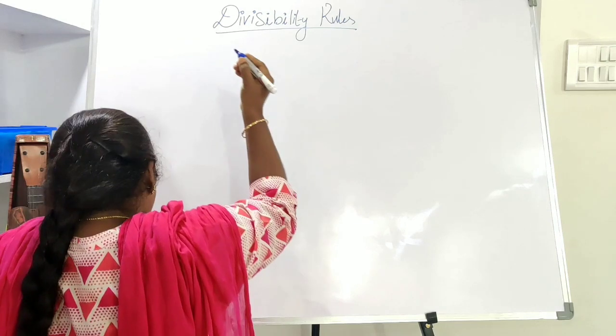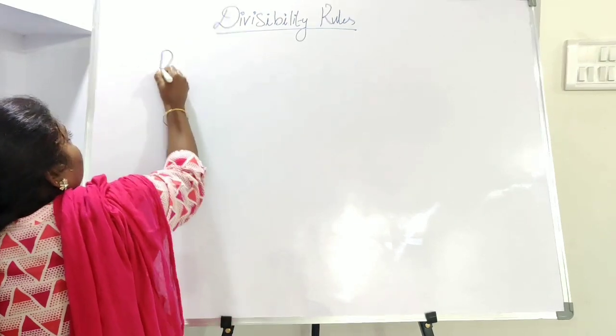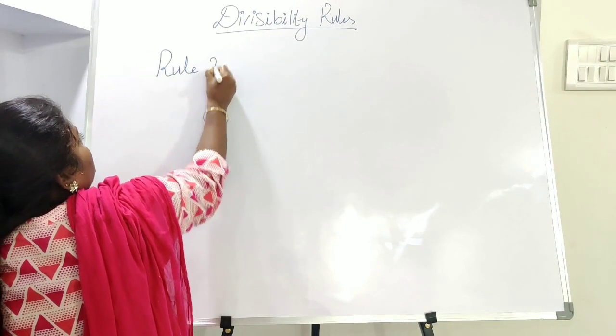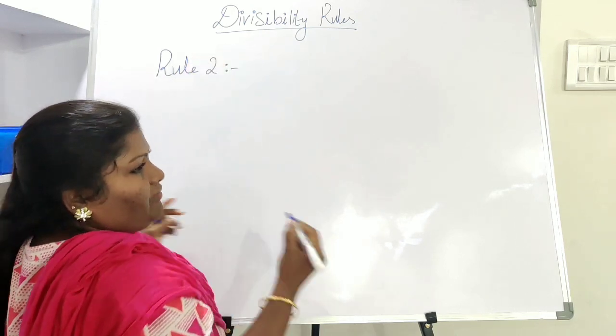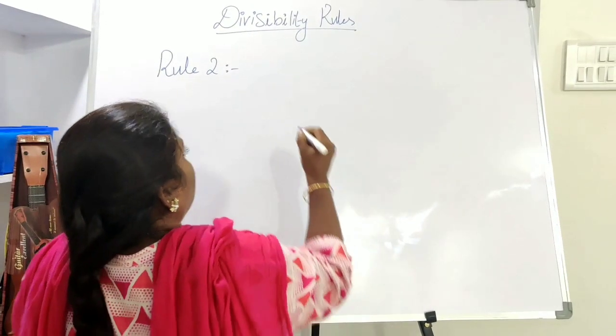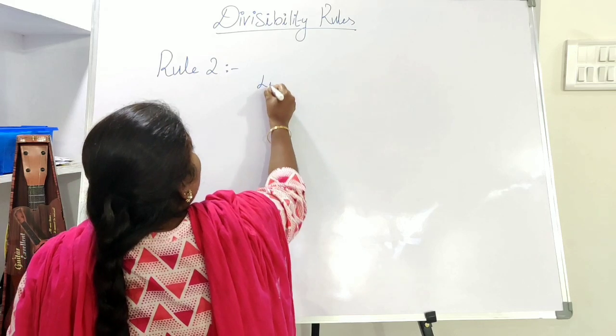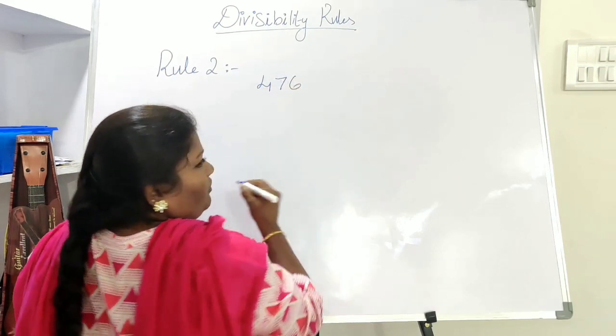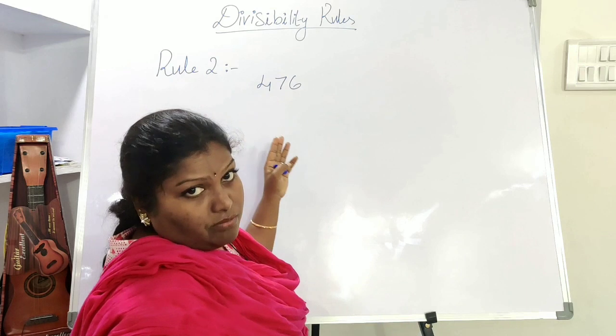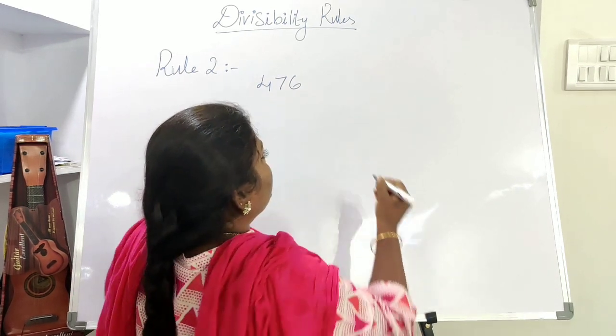Now the first one we'll be learning is the rule of 2. So normally if I give any number, what are you going to do? If I give you 476 and ask whether this number is divisible by 2 or not, you are going to divide it.